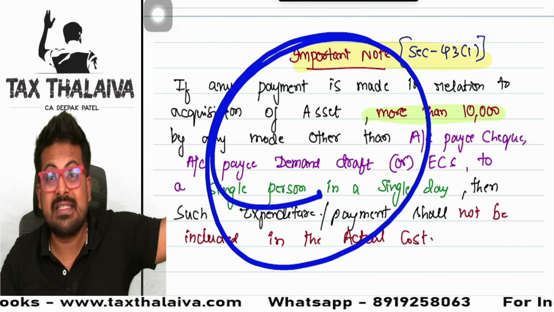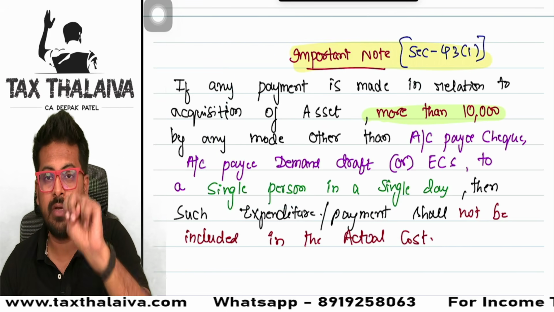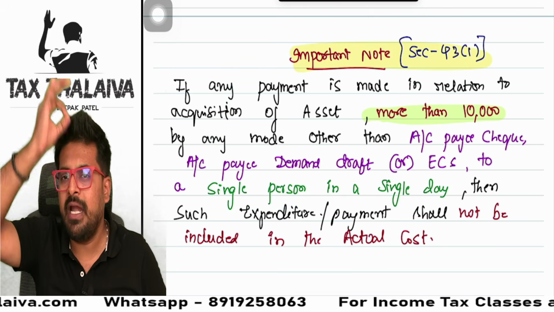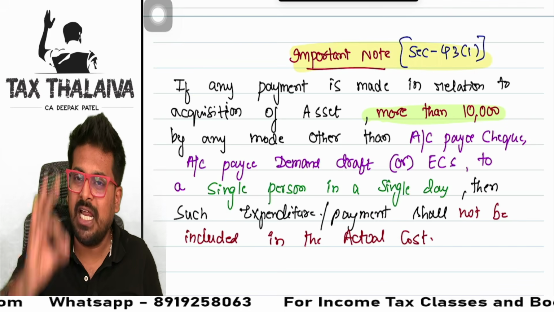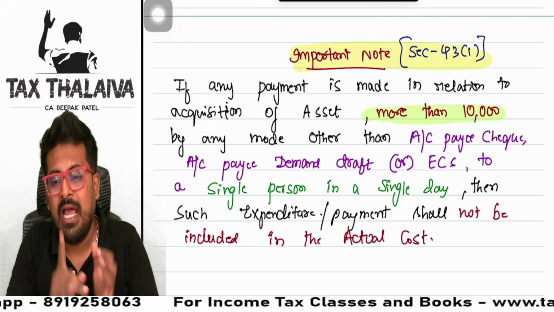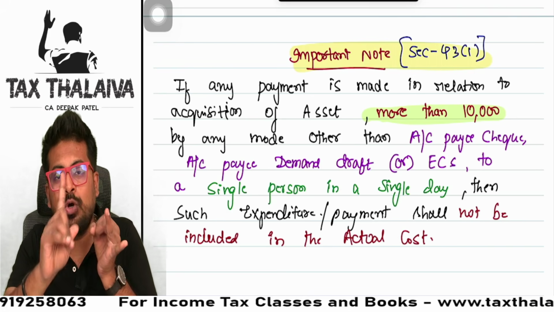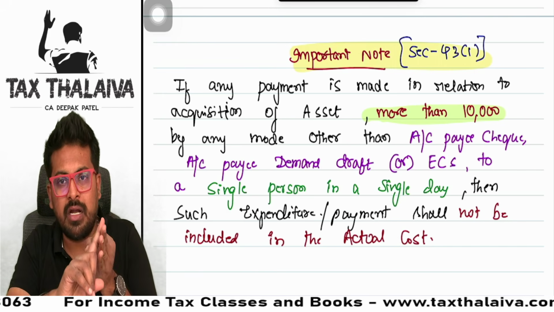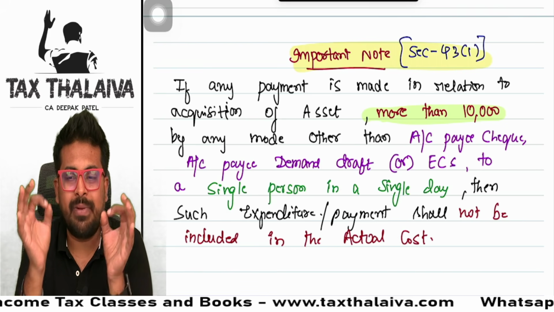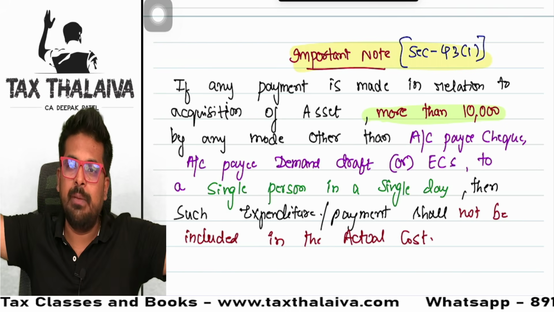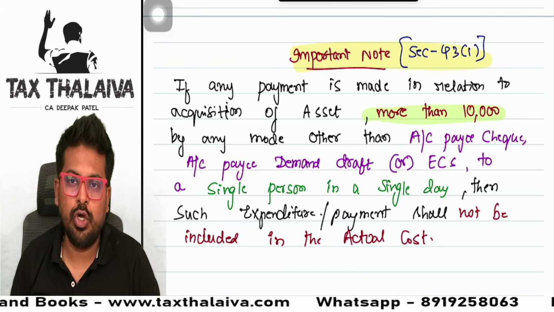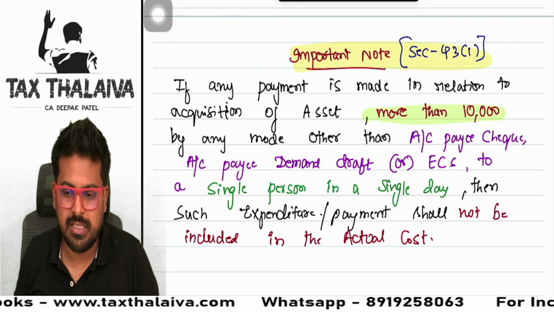A similar provision you will find in section 40A(3) also, correct? So to a single person in a single day, if you have made any payment of more than 10,000 other than by prescribed modes. What are the prescribed modes? Electronic clearing system, account payee cheque, account payee demand draft. These are the prescribed modes. If you do not make payment in the prescribed modes, then forget about depreciation on that. Forget about capitalizing the asset in your books of accounts. You cannot capitalize.